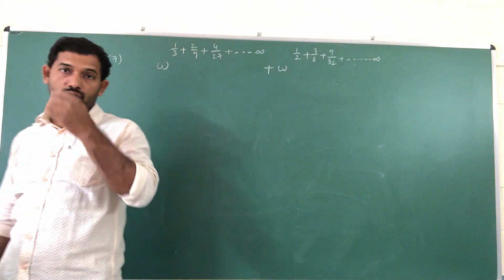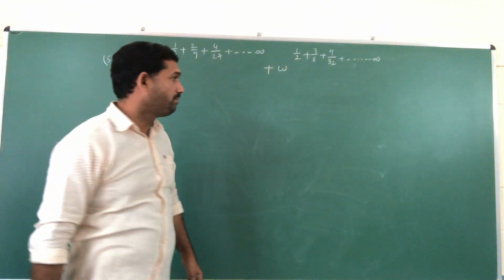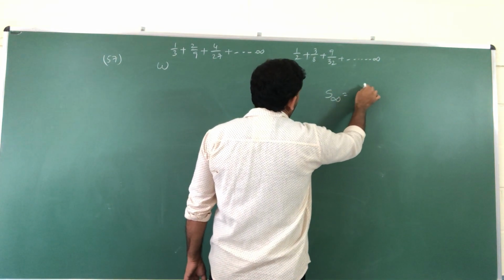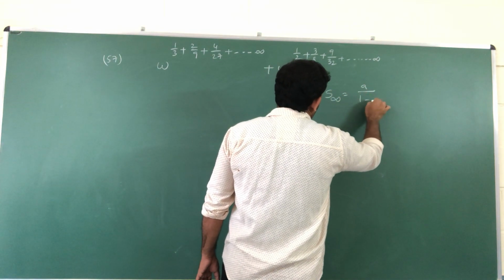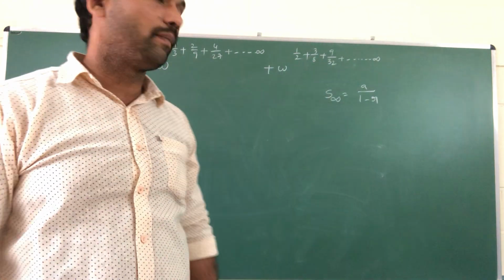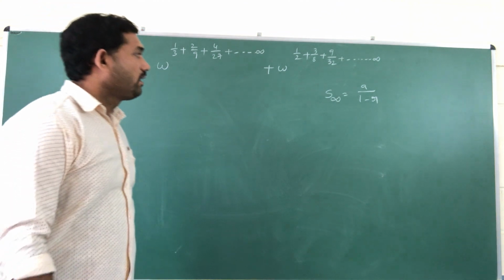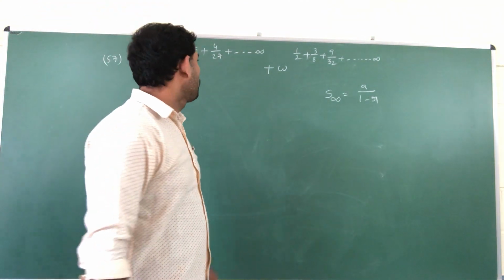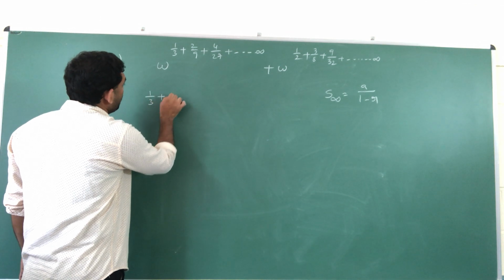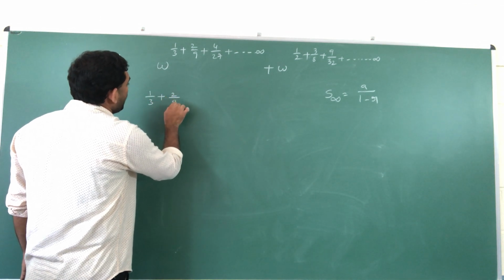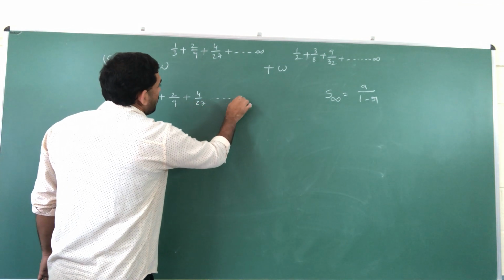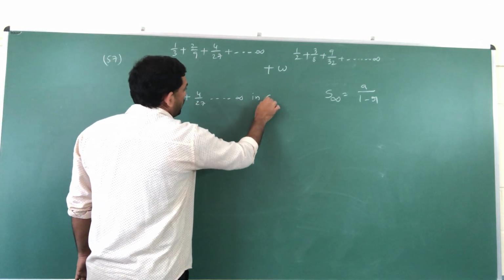So you see this solution here. S infinity, the sum of infinite terms, equals A divided by 1 minus R. The values 1/3 + 2/9 + 4/27 are in GP.